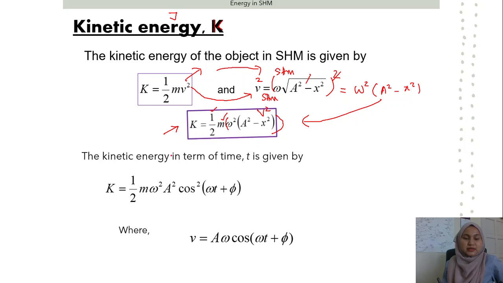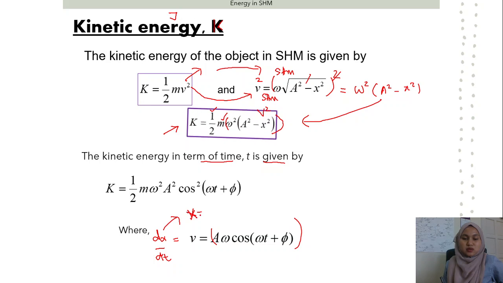If we want to find the kinetic energy in terms of time, I already showed you how to get v. We get v from dx over dt, by differentiating the equation of displacement over time. Earlier we used x equals a sine of omega t plus psi. When we differentiate x over dt, we get v.